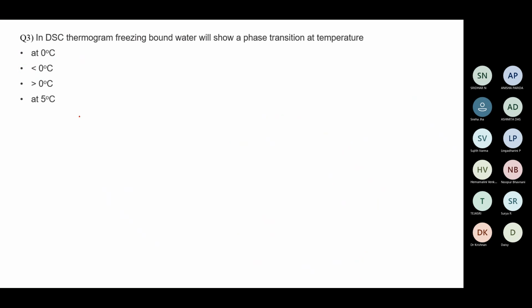In DSC thermogram, freezing bound water will show a phase transition at a temperature.